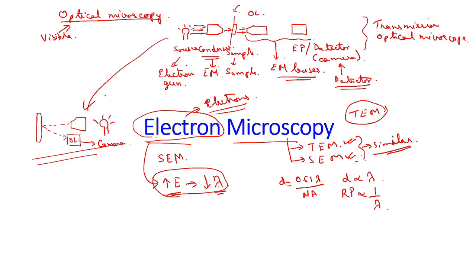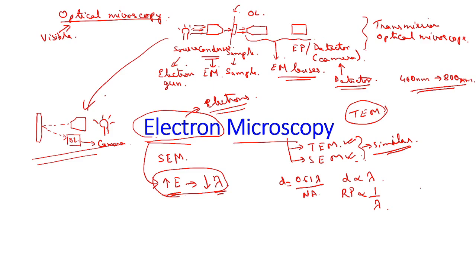The wavelength is lower than the optical wavelengths, right? So what is the optical wavelength range? It is in the range of 400 nanometer to 800 nanometer, right?